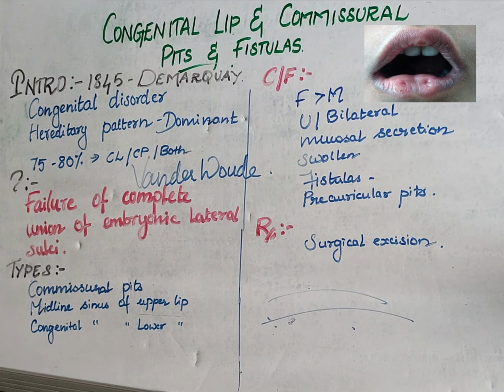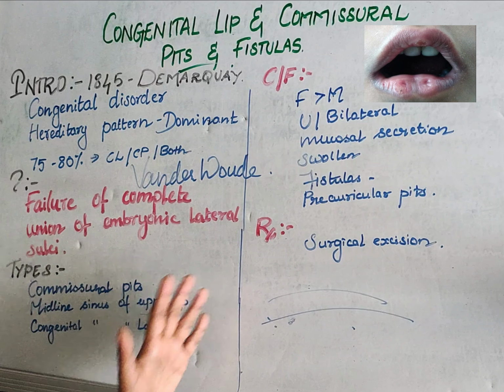Around this time, all of these are fusing properly. But in this case, at 5 to 6 weeks some disruption occurs and there is no proper fusion in both places.